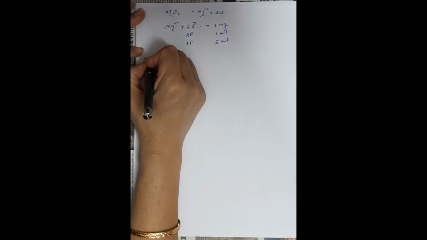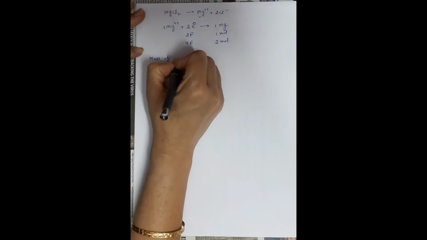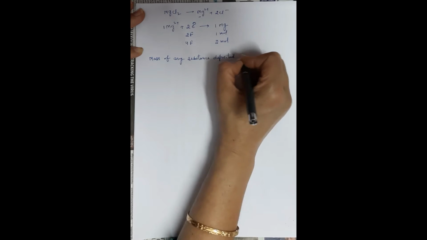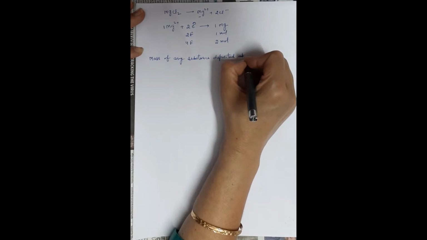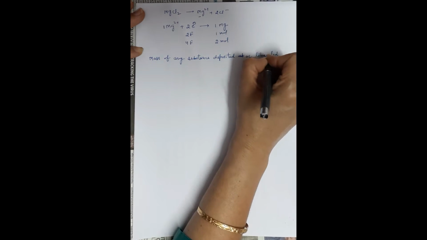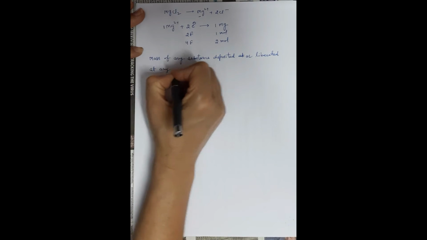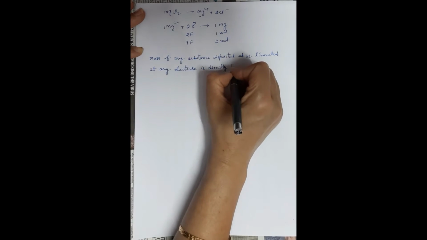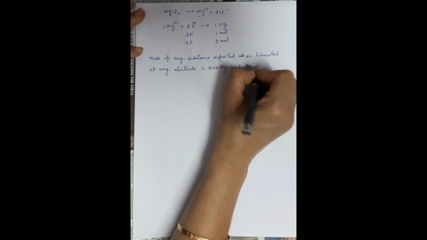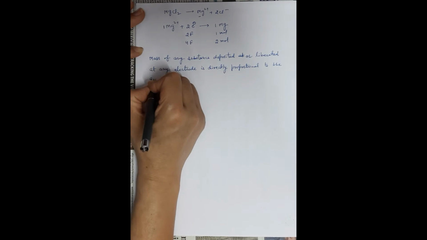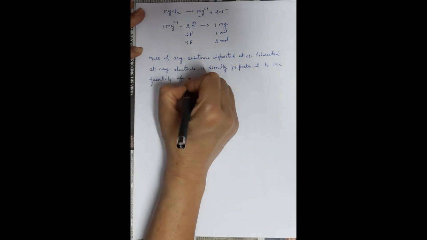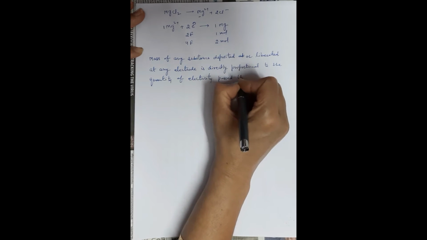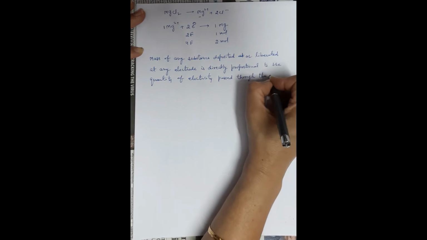It says that the mass of any substance deposited or liberated at any electrode is directly proportional to the quantity of electricity passed through the electrolyte.